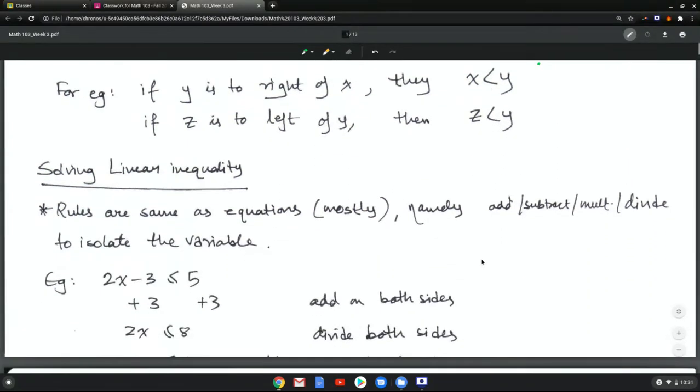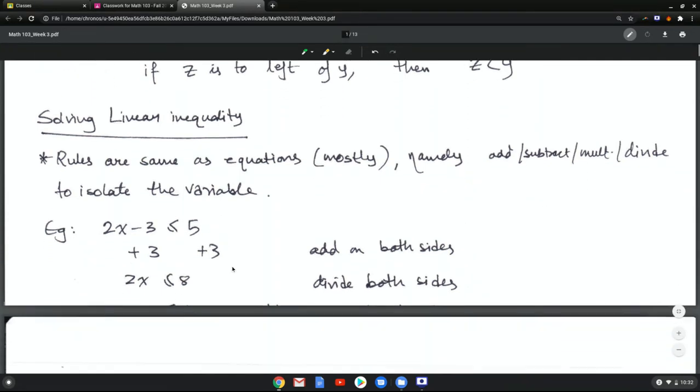Now let's look at how to solve a linear inequality. We are going to draw upon our experience of solving linear equations. So namely, we can add, subtract, multiply, divide to isolate the variable. In this example, I have 2x minus 3 less than or equal to 5. I add 3 to get 8, and then I divide both sides.